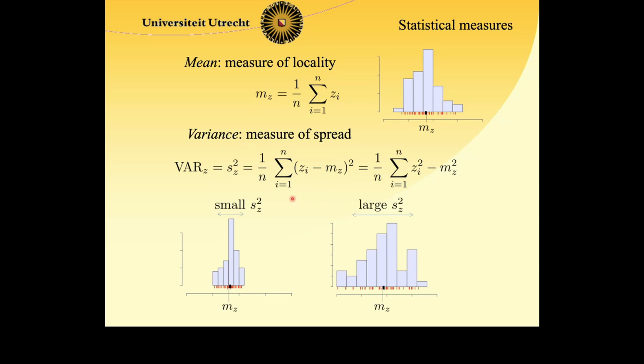An alternative way of computing it is taking the average of the data value squared and then subtracting the mean squared. Now, the larger the variance, the wider the distribution is. So this is a small variance. This is a large variance. They may have the same mean, but you can see this has a small variance and this is a large variance.